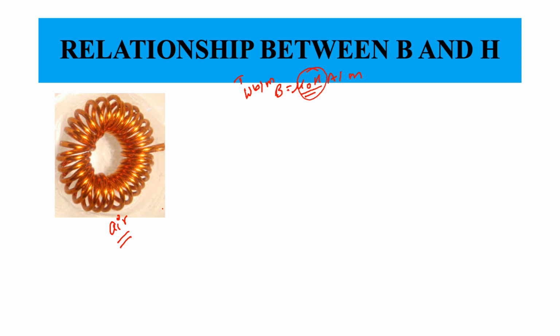Then the magnetic field, from the application of Ampere's law, will give you H naught as N into I by L, because there is only the externally applied current I. And because in free space B is related to H by a factor of mu naught, B naught is equal to mu naught N I by L.